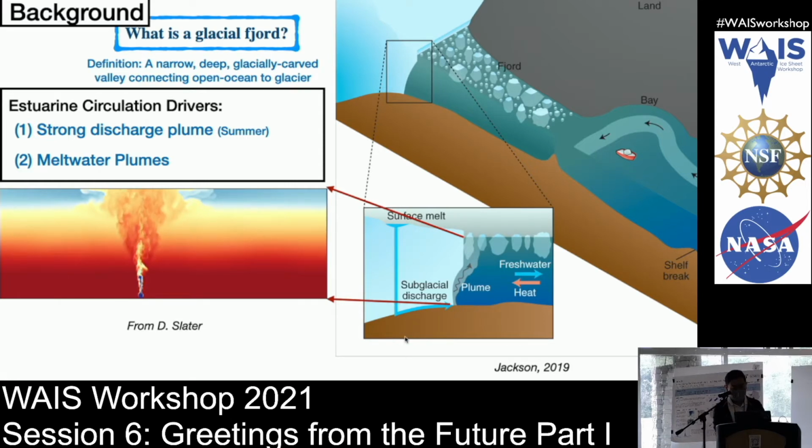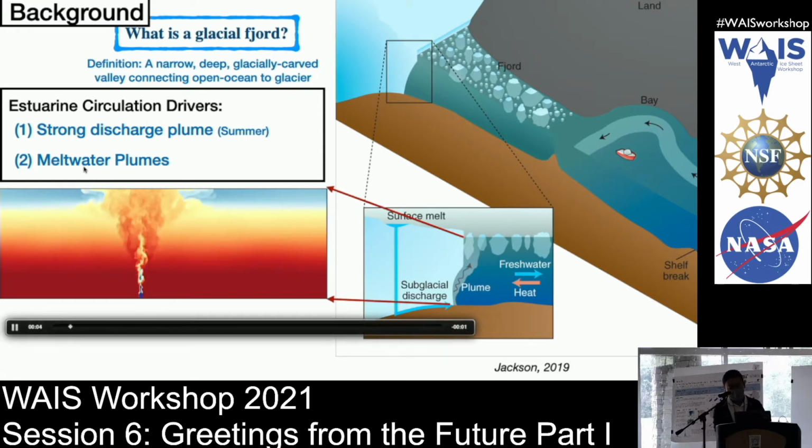The second thing I want to talk about is the meltwater plumes. And this is the focus of some of this work. Although you have a strong discharge plume in certain seasons near certain marine-terminating glaciers, the meltwater plumes also do a lot.